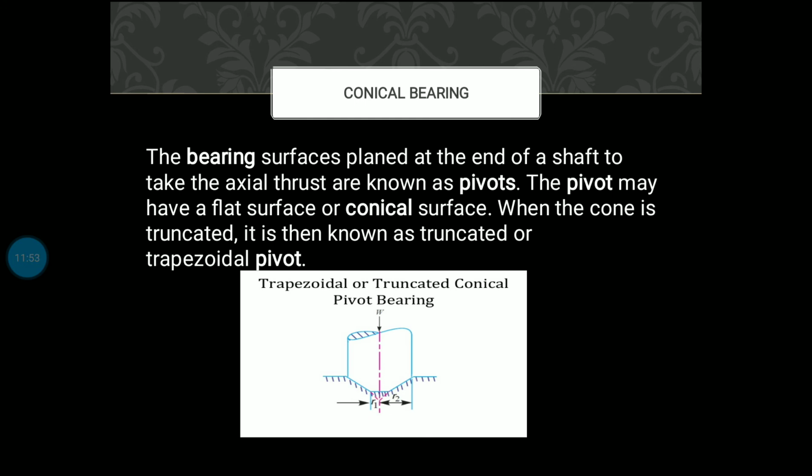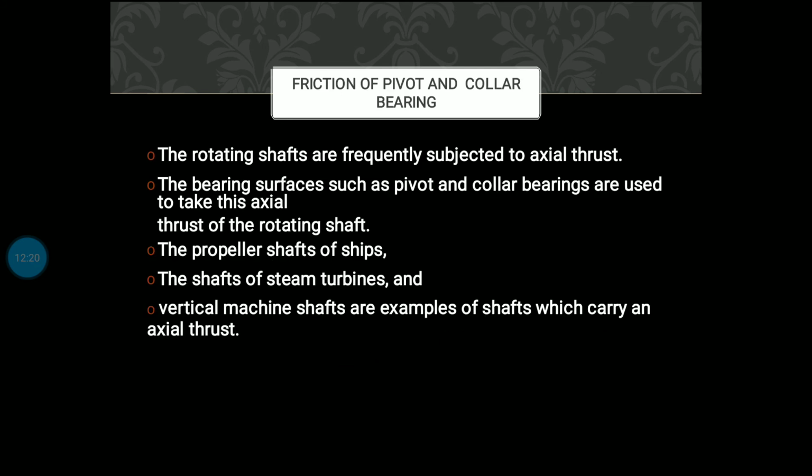The pivot may have a flat surface or a conical surface. In mechanical subjects, by keeping the word you can explain the definition. When the cone is truncated, it is then known as truncated or trapezoidal pivot.